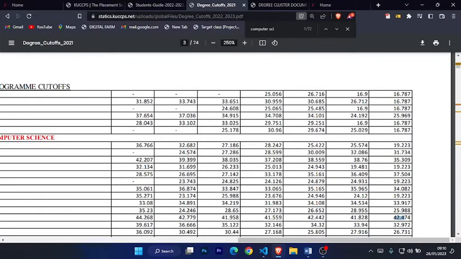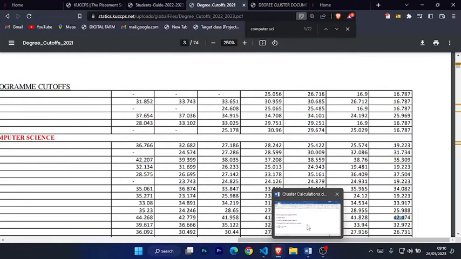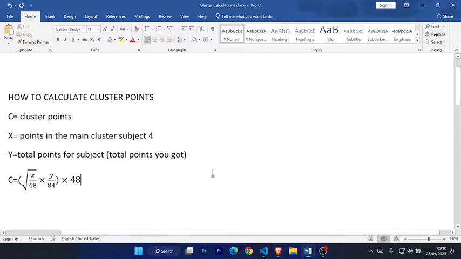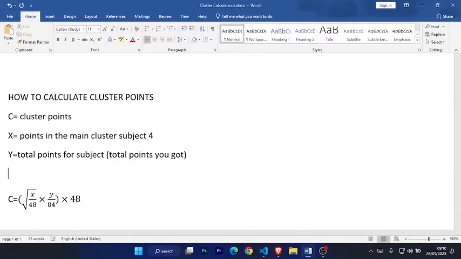I'll be using an example of a group student here. This student inboxed us asking us to calculate for her the cluster points she has.